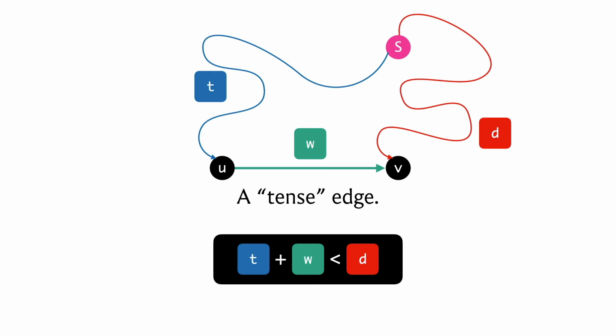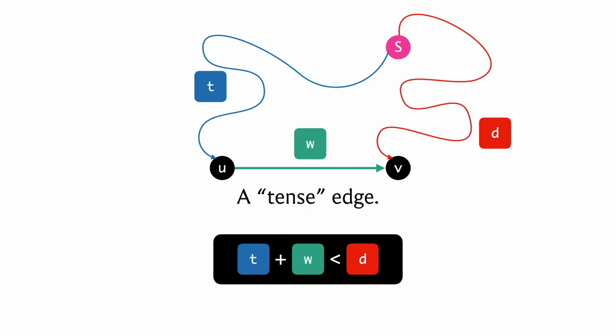So T can be thought of as the value of D of U if D is the distance array, and D can be thought of as the value of D of V, again D being the same distance array. So when this inequality holds, it's clear that we have discovered a better way of getting to V compared to whatever it is that we had in mind so far.